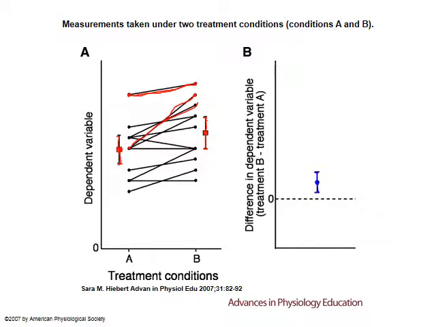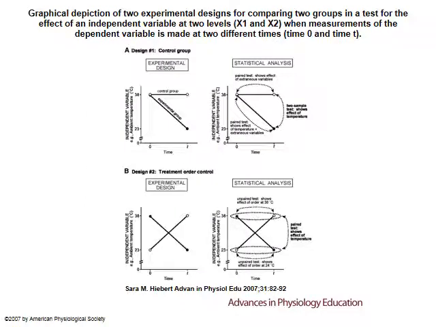But you do need to keep in mind that you still have to take into account that time could be a possible factor, as we talked about earlier. So this figure shows two possible designs to test the effect of the independent variable when time is possibly a factor.